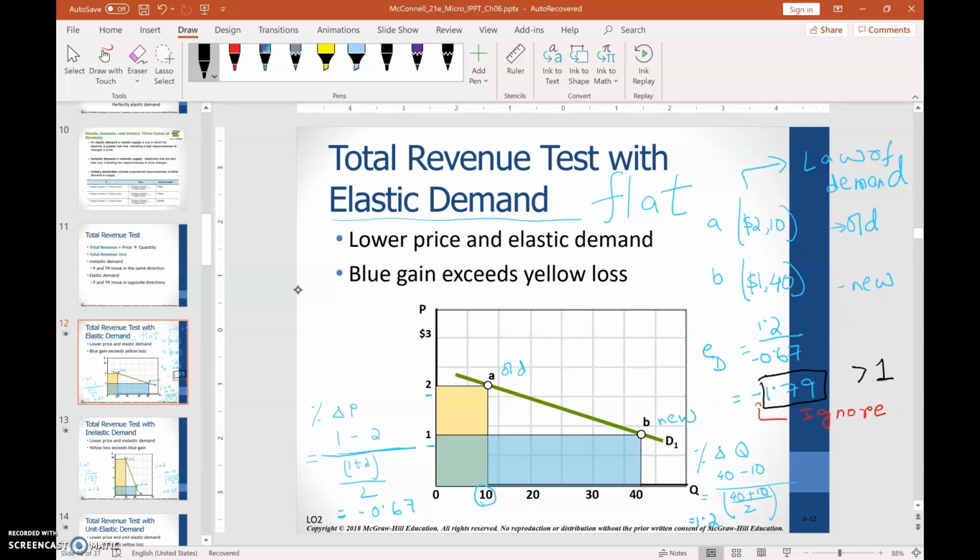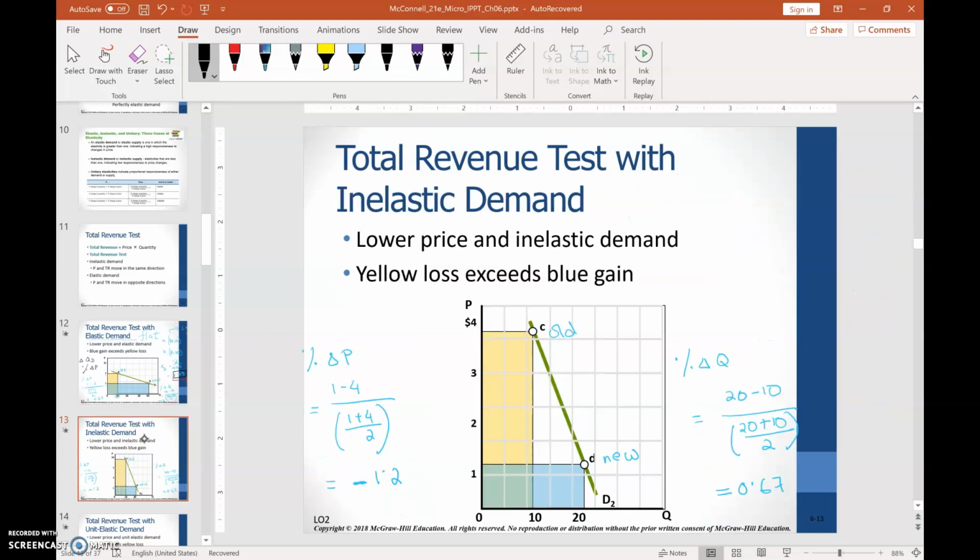Another way to interpret an elastic demand curve is the percentage change in quantity demanded is greater than percentage change in price. So if price goes down by a little bit, the percentage change in quantity is gonna be way greater than percentage change in price. Okay. So this is about the elastic demand.